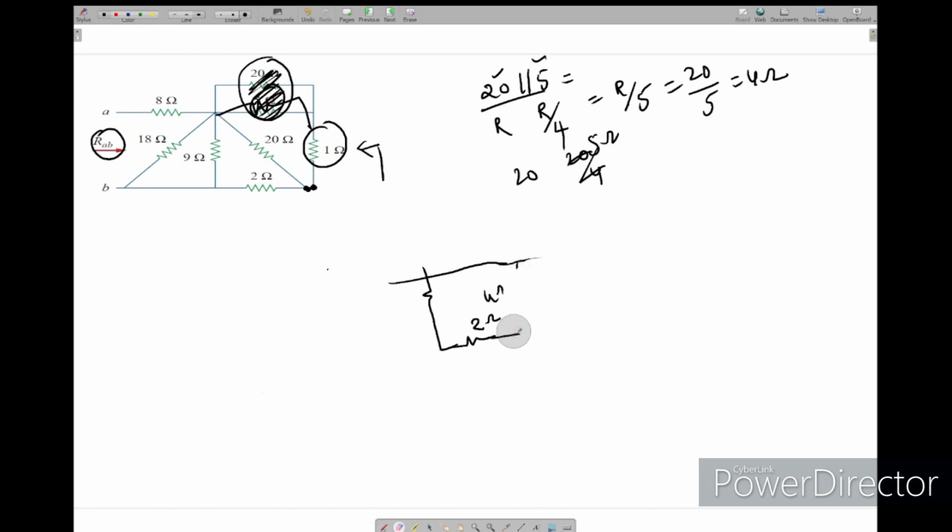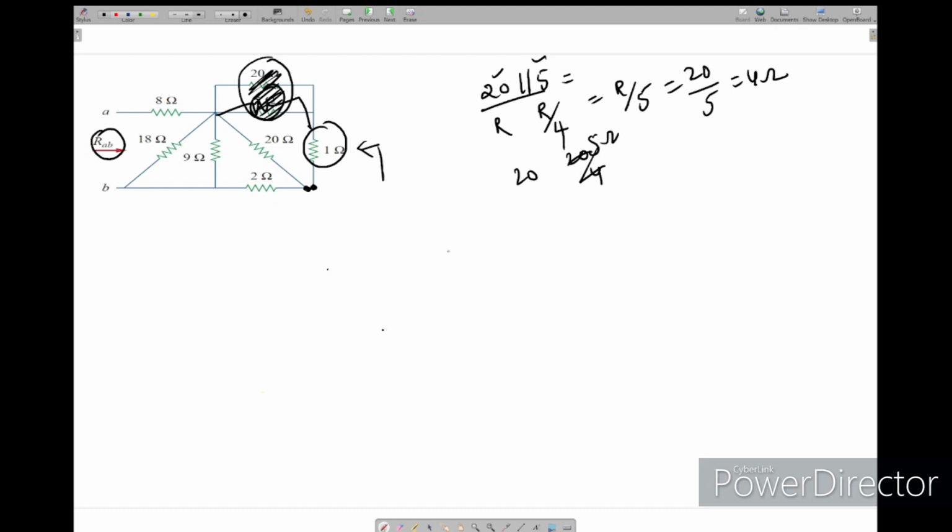So now this is 4 ohms. So 4 and 2 are in series, means we will get 6 ohm here. Now we will get 6 ohm, 9 ohm, and we have one more. I will extend the circuit.